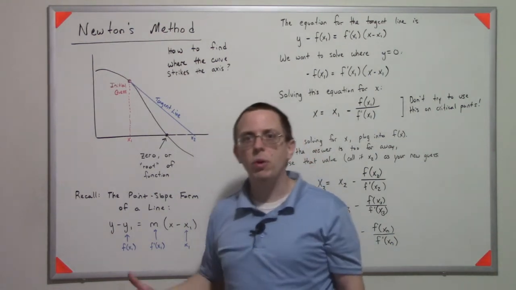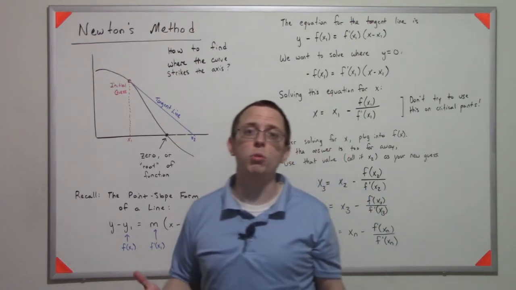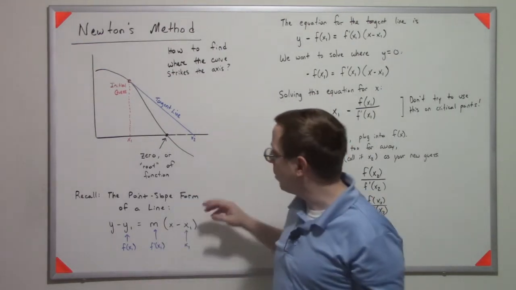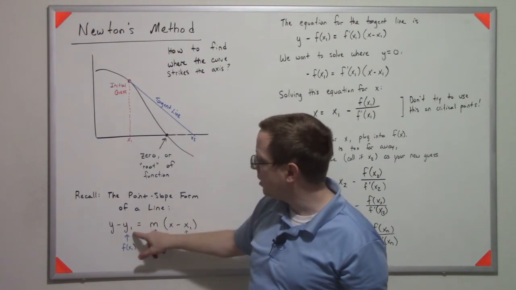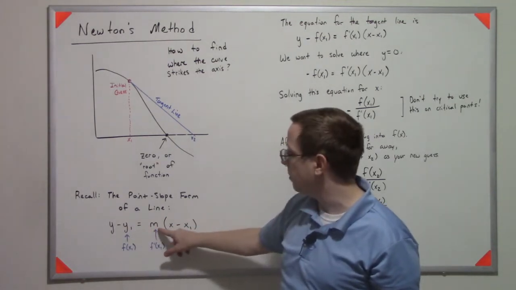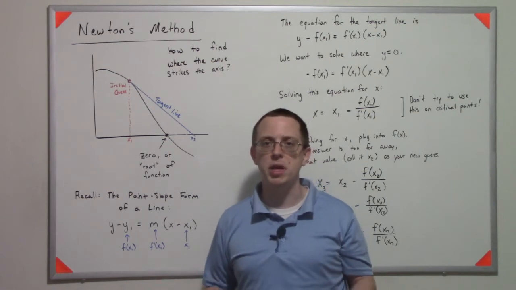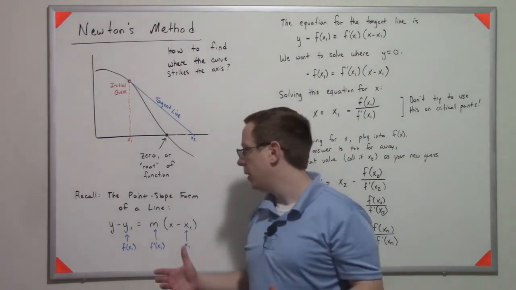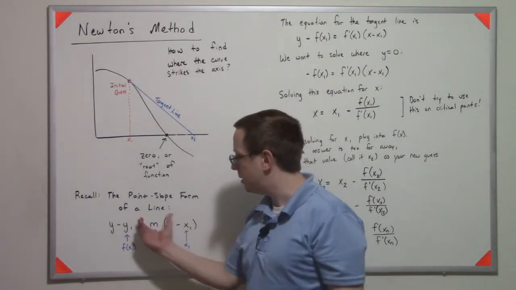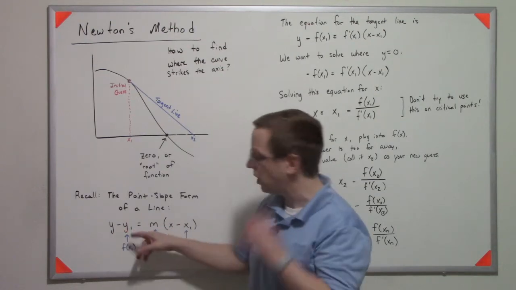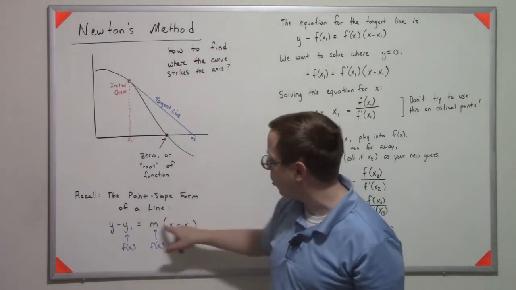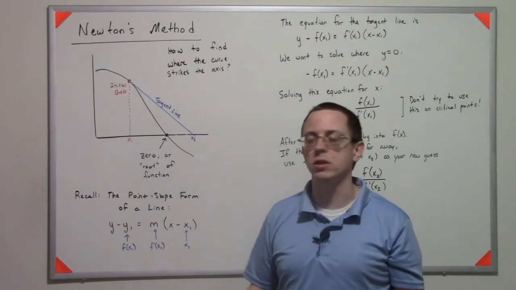To do that, we are going to use what's called the point-slope form of a line. If you remember, that's y minus y1 equals m times x minus x1. It's the same format as mx plus b, but the b has been kind of hidden inside it. You don't have a b, you have the actual outputs of points on the line.